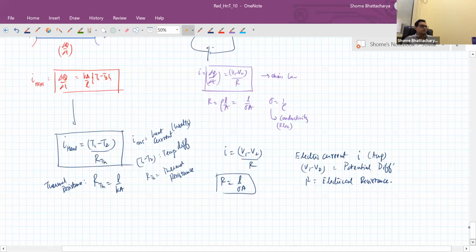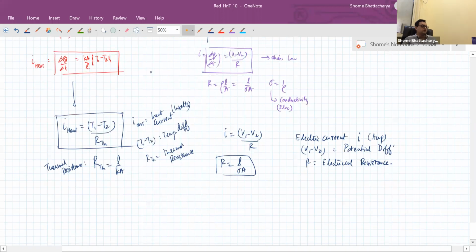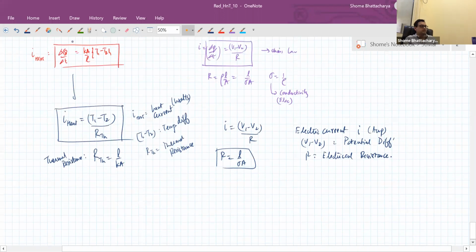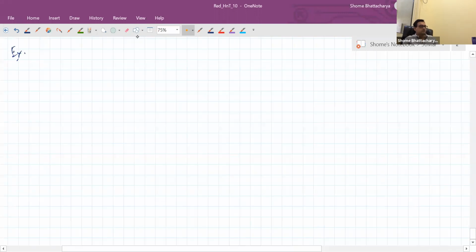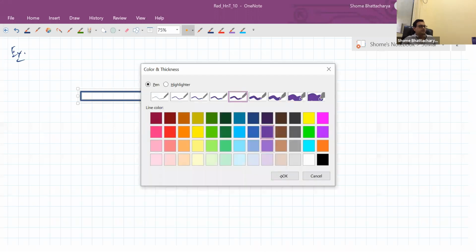Okay, so for example, now suppose we have a situation like this. Where we have two different metallic rods, that is, they're made of different materials, but having the same cross section.